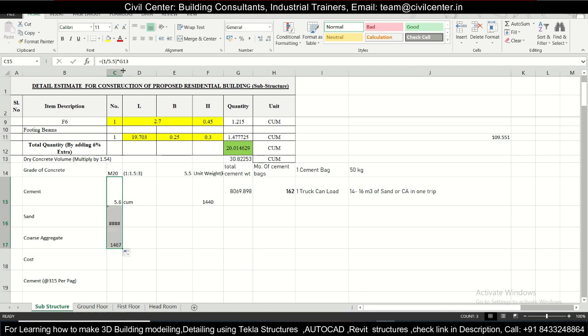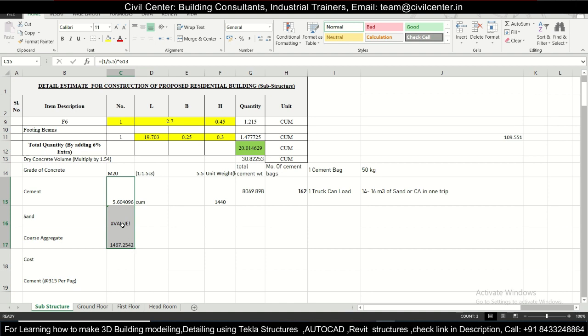Let us increase the size here. This will be 1.5 divided by 5.5 into this, which will not be G14, this will actually be G13.